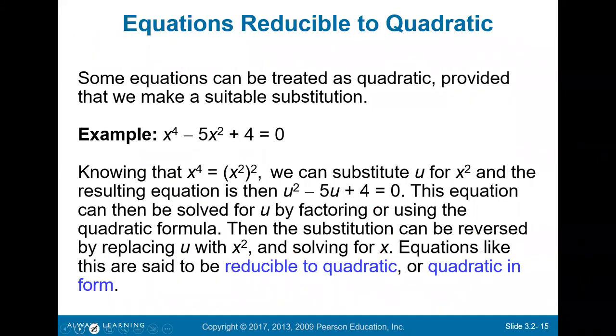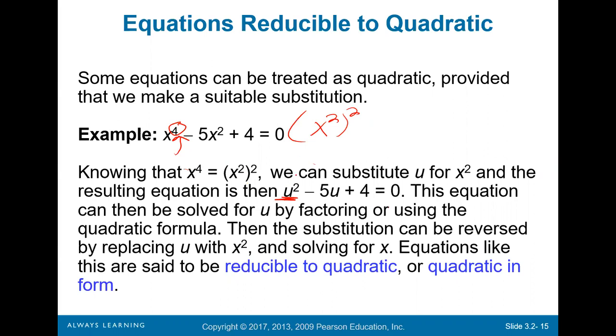So we have an example here. And it said, well, what happened? I thought we were working with quadratics, and that means that we should have a power of 2, not 4. Well, if we have something like that, it's telling us that if we rewrite it and use a substitution, in this case they're using the letter u in the replacement of substitution for x squared. Then I have x squared raised to the square.